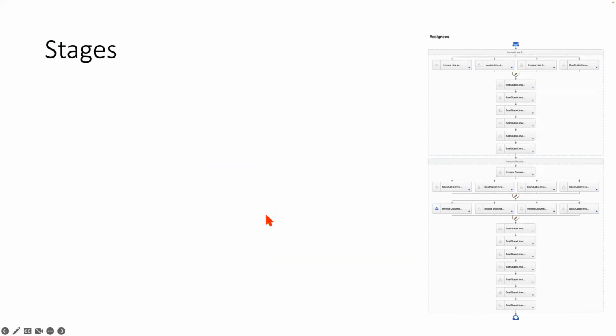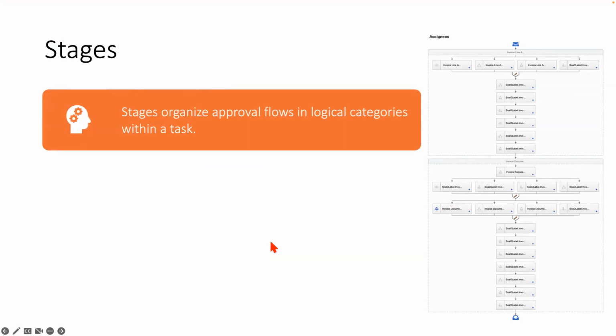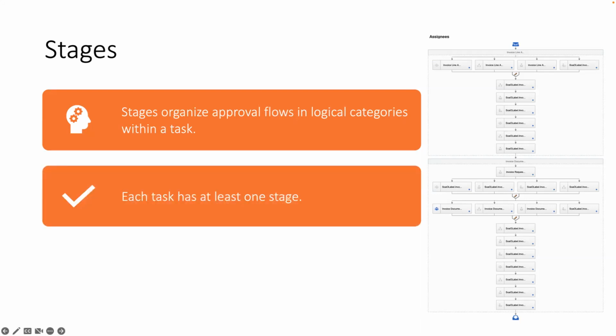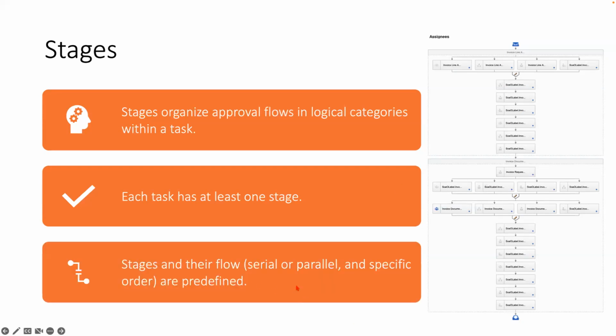So these are the stages, and the key thing is that stages will organize the approval flows in logical categories like the header and lines as an example, and also each task, as I mentioned, will have at least one stage. And then stages can be either parallel, serial, and they can be predefined, or you can even create multiples of this yourself.